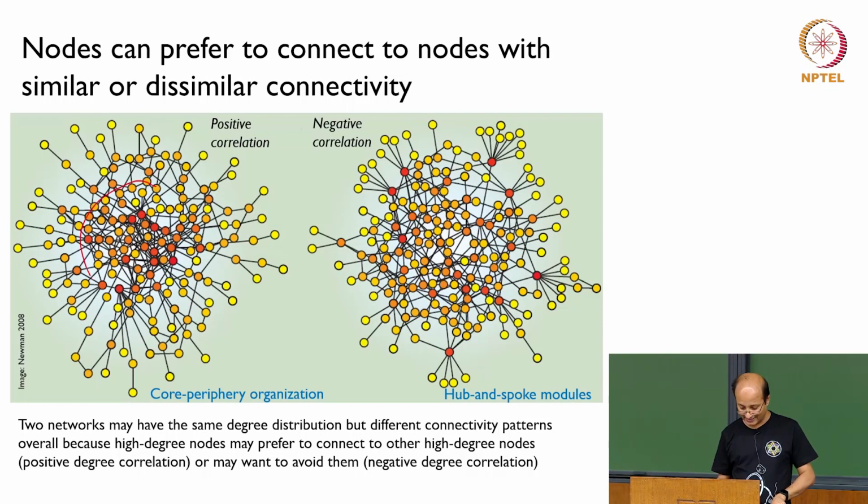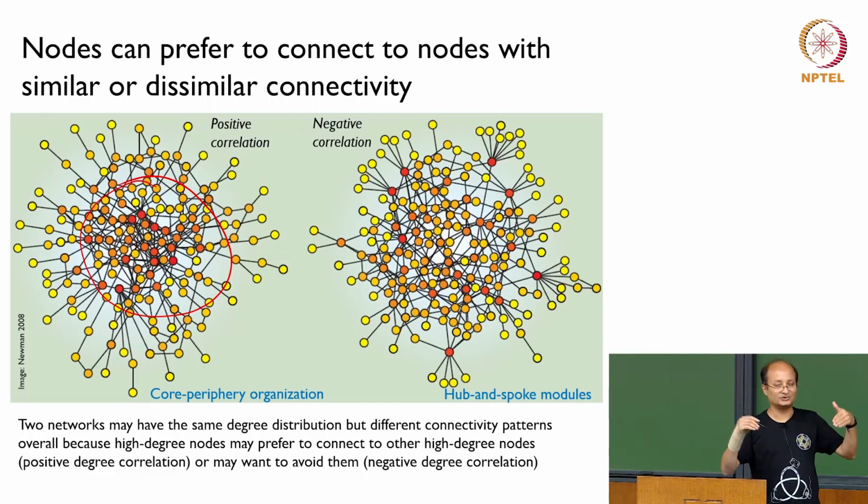Here in the middle, all the high degree nodes are connected to each other. So they form what is known as a strongly or densely interconnected core, and the rest forms the periphery, which is loosely connected to the network through one of the densely connected nodes.